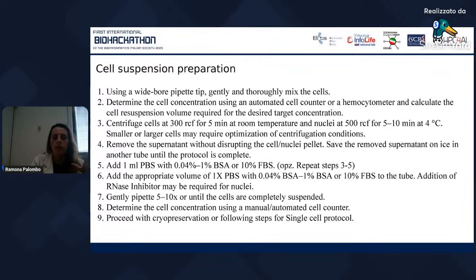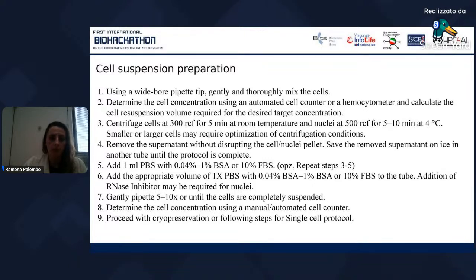I know that it could be very boring, but I will not read all the protocol. I just want to give you some hints about the wet lab protocol. We said before that the use of wide-bore pipette tips can help minimize cellular stress. But another piece of information is the specific gravitational force applied to the samples, because some cells are very sensitive to this.